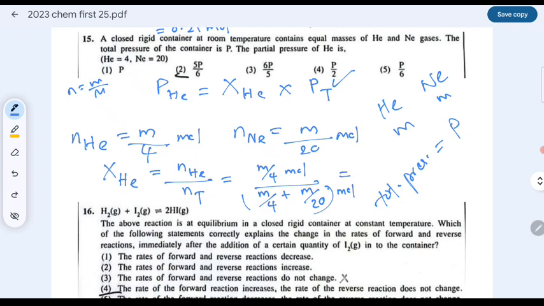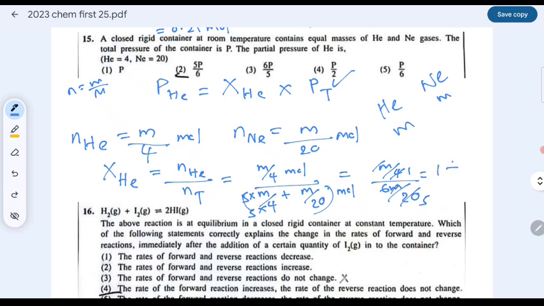So what is the answer you are getting here? m over 4 plus m over 20, you have to multiply this by 5 now. Then 5m plus m, 6m over 20. Then 4 times 1, 4 times 5, m to m cancel.